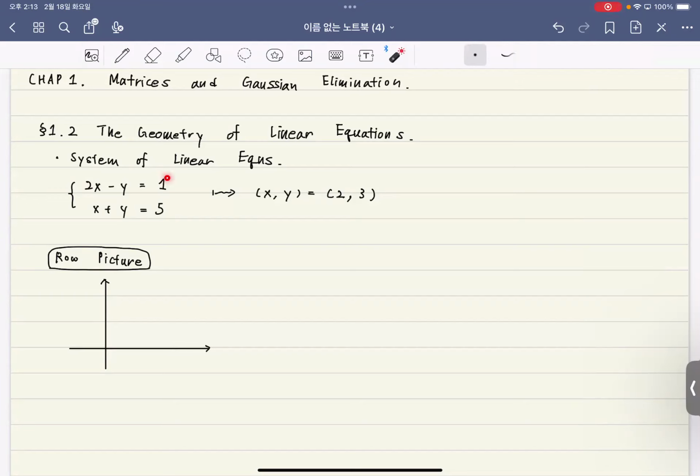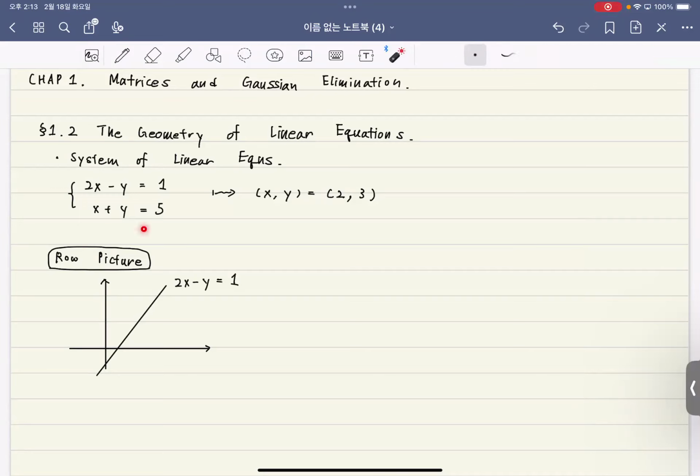So I have 2 equations, and I should call each of these equations a row. This is the first row, and second row, and every row can be translated to a line, right? So 2x minus y equals 1. I can draw a line whose slope is 2 and y-intercept is -1.